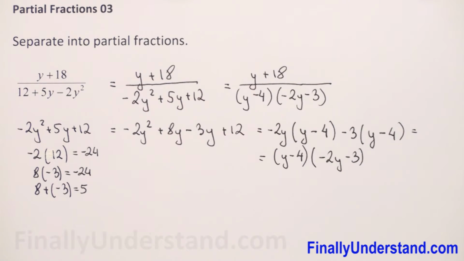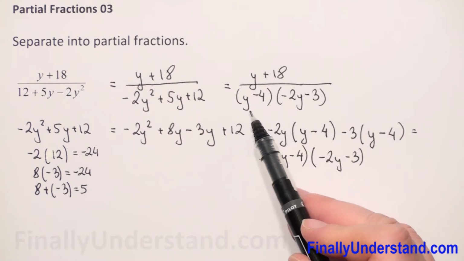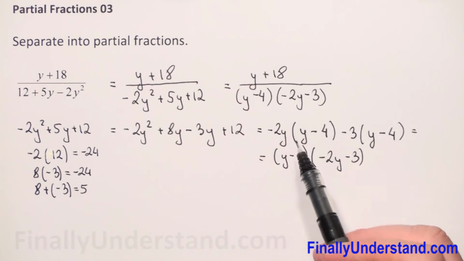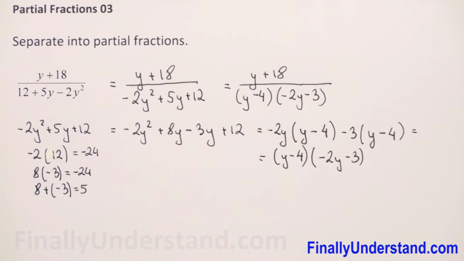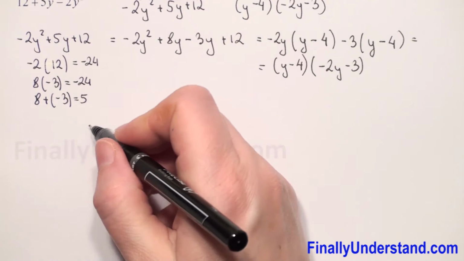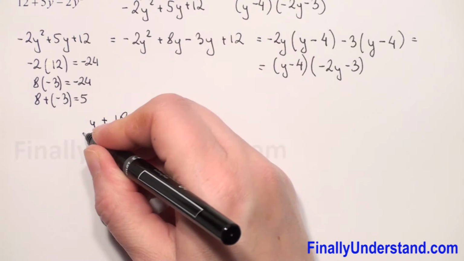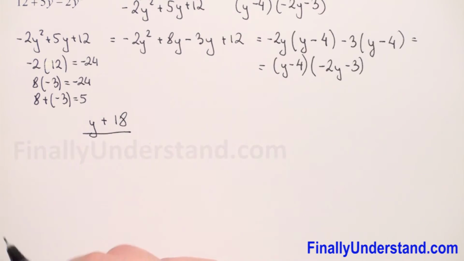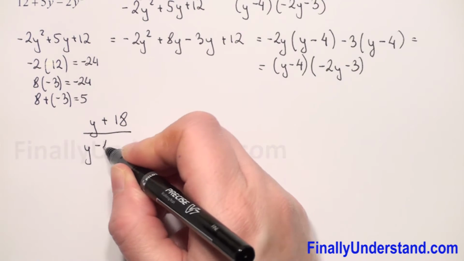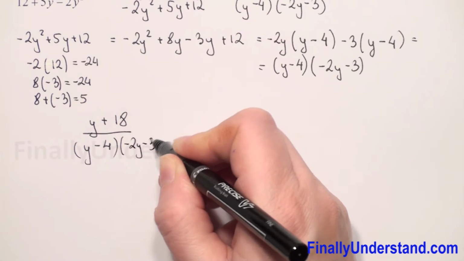So now every factor of our denominator will be the denominator of our partial fractions. Let me copy our example one more time. We have y plus 18 over y minus 4 times negative 2y minus 3.